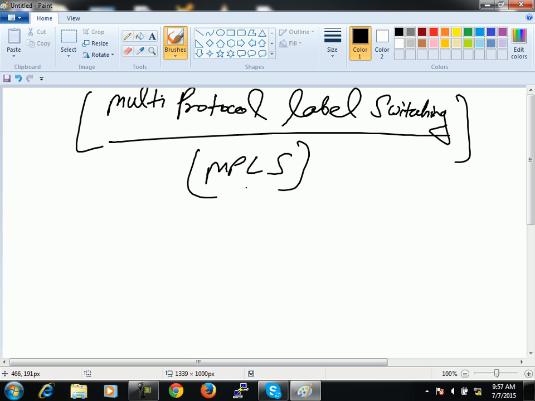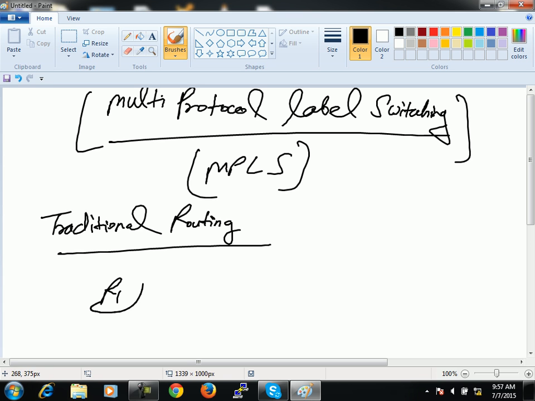We have to go through this MPLS now. Do you remember traditional routing? If you talk about traditional routing, it is like this: R1, R2, R3.